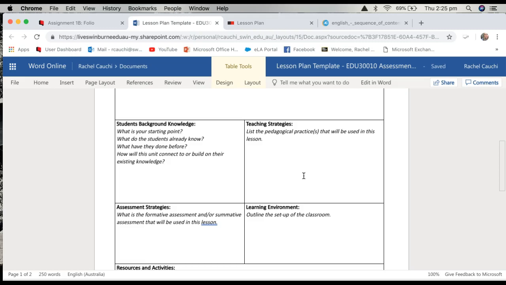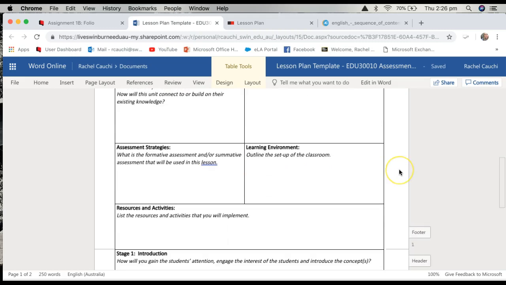So when you're thinking about the practices that you're going to use, we always need to have those elements underpinned, because we have to show how we're going to cater and differentiate the lesson to a wide range of learners and a wide range of capabilities. We'll talk more about diverse learning as we push on further, but it is something to bear in mind when you're thinking about teaching strategies.